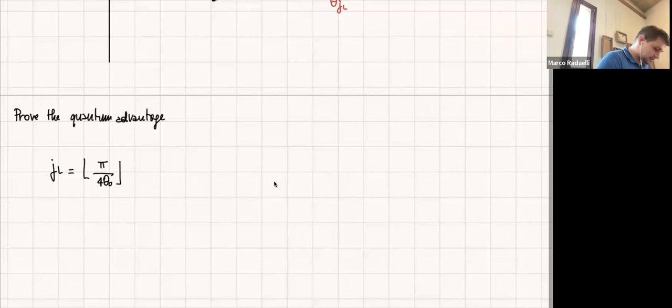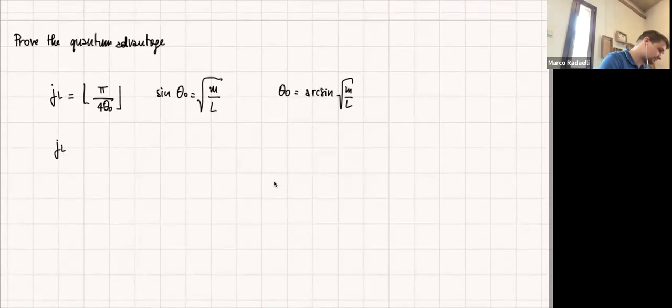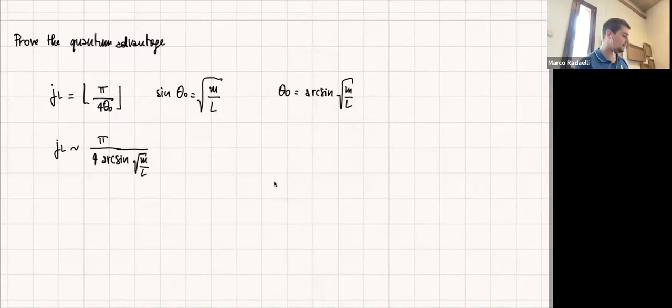Theta naught, as we remember, was determined by the square root of m over L. So theta naught is the arcsine of the square root of m over L. JL, bear with me, I'll do some slightly sloppy calculations, but this is more or less correct, apart from something which is not relevant for the sake of the scaling.